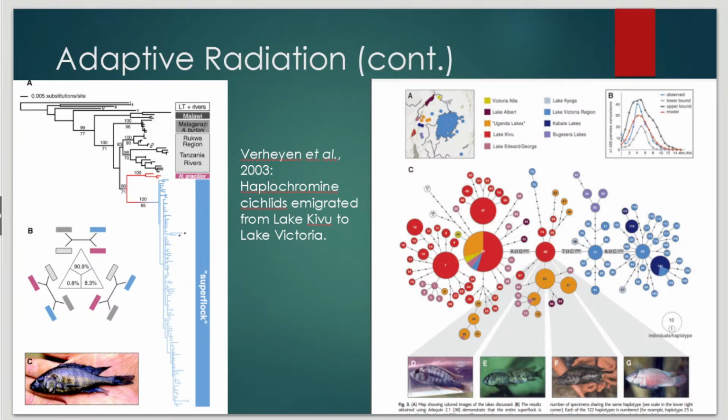So even though Victoria has way more species, they're all really closely related to each other, as you can see by how short those lines are. That means the speciation events occurred really recently, and in terms of 100,000 years or so, that's really recent in evolutionary terms. Yes, that's basically just now.